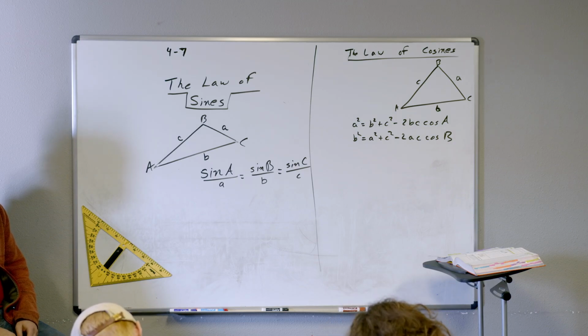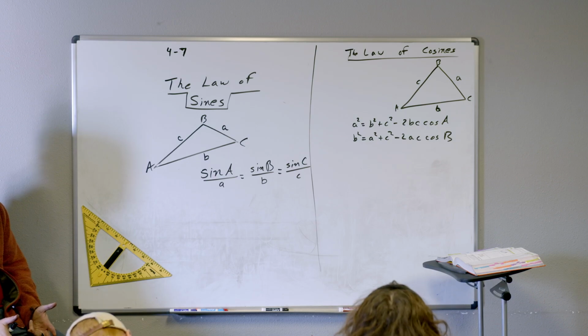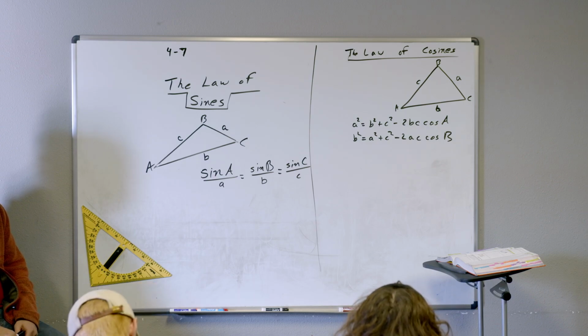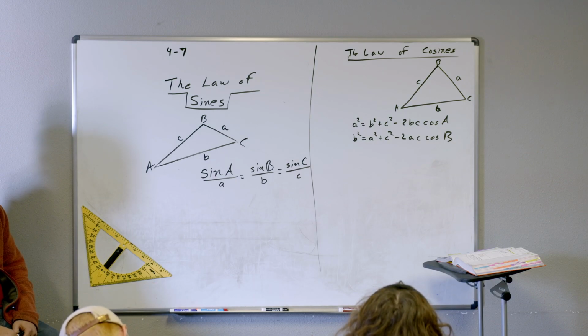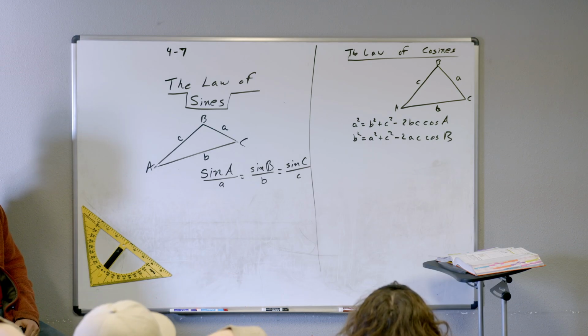I want you to look at how the pattern works spatially. That's how to memorize it, not trying to remember the letters, because it doesn't matter which one's A, B, or C.